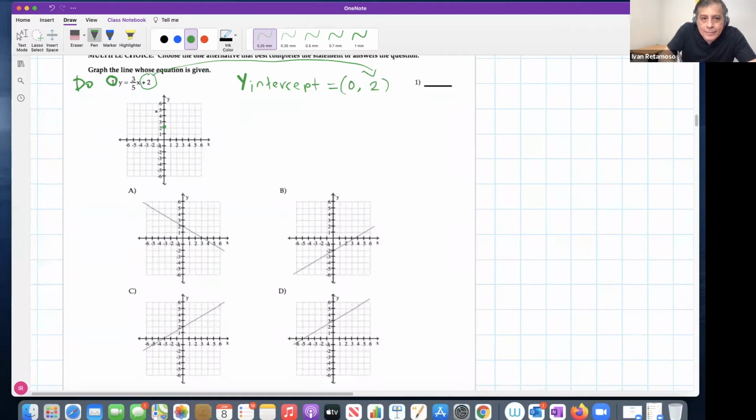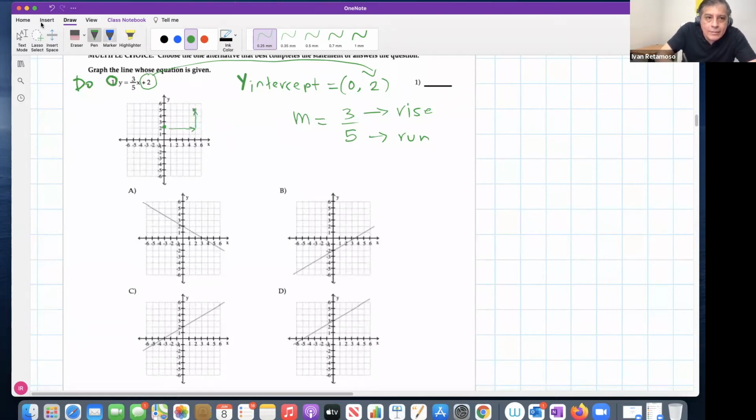From there, use the fact that the slope is 3 over 5. This slope is rise over run. So from 2, you run 5 units, 1, 2, 3, 4, 5, right? Here, 5 units. And then from there, you rise 3, 1, 2, 3, right? 3. And then that's it.